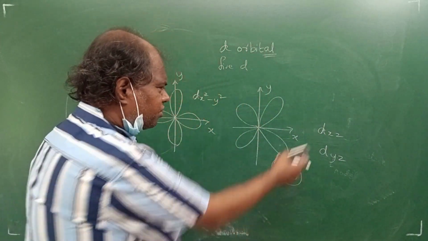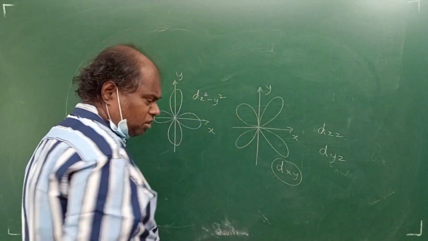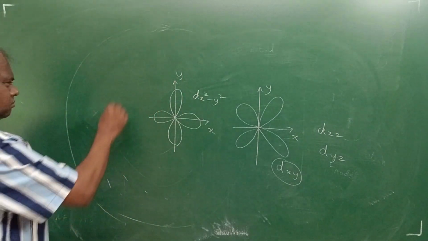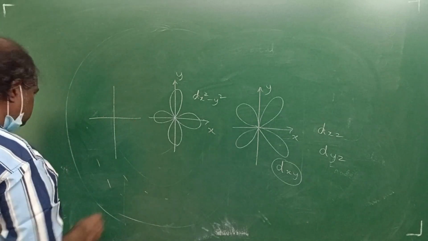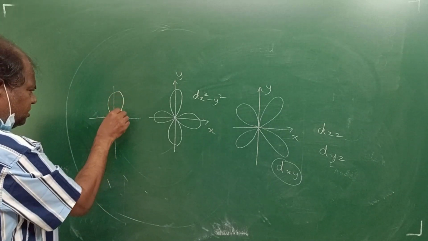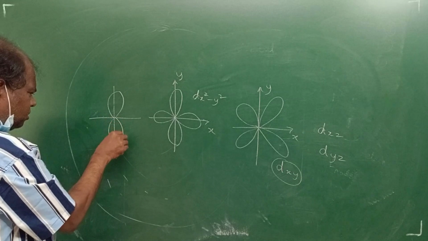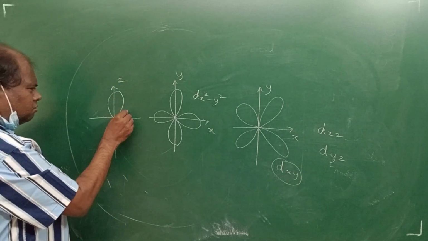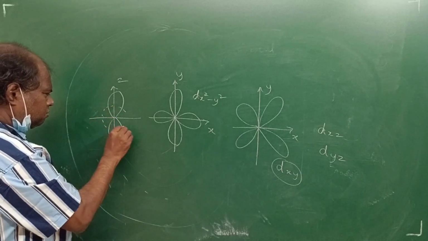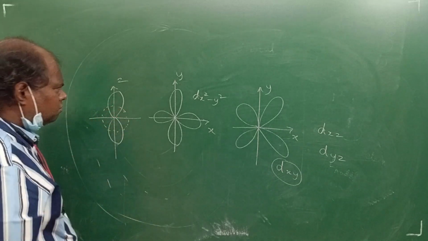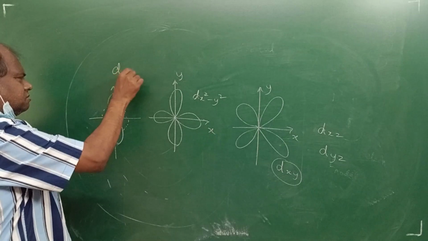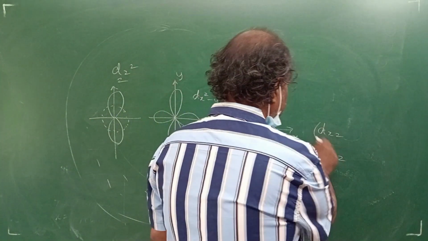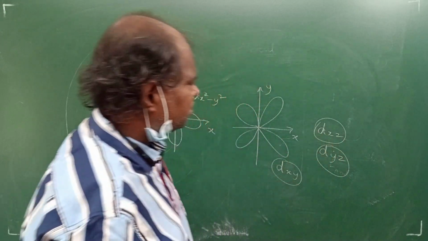I'm not going to draw that. And you can have one more orbital, dz square. Suppose you take this as the z axis. So this is your dz square. Fine. So you have got 5 now.